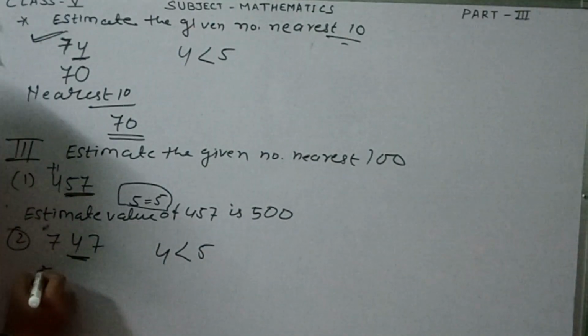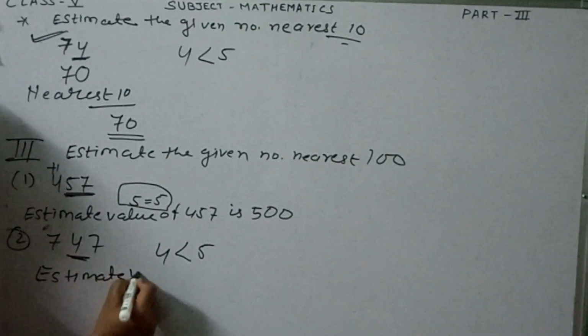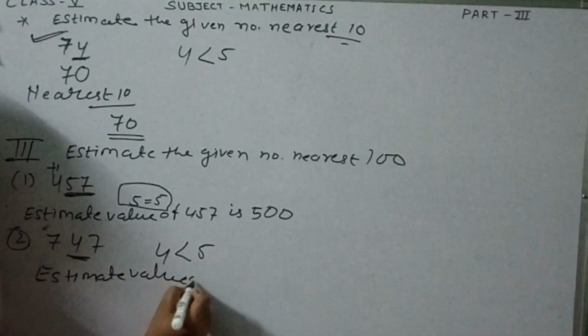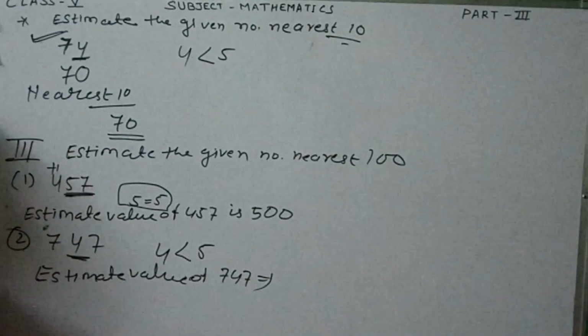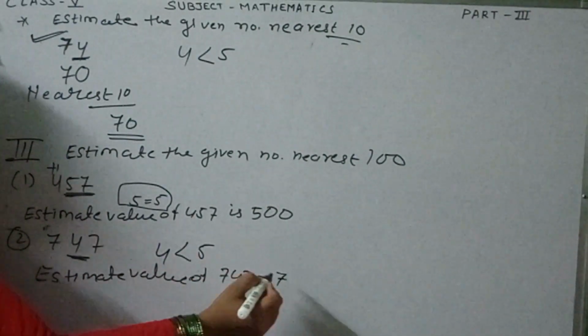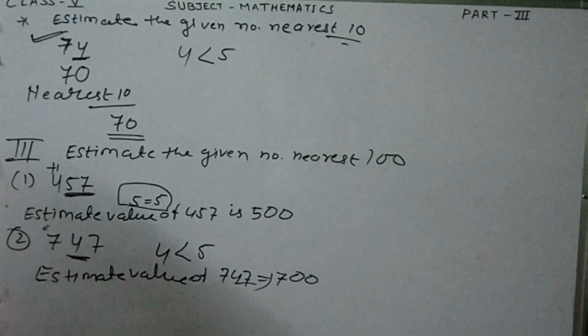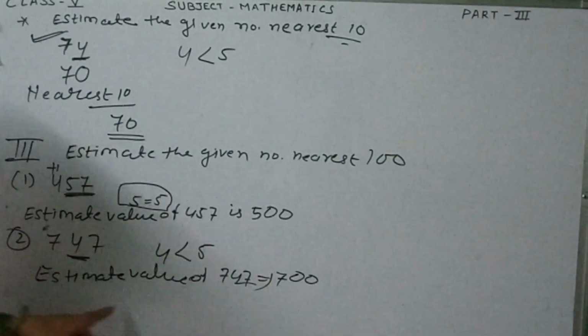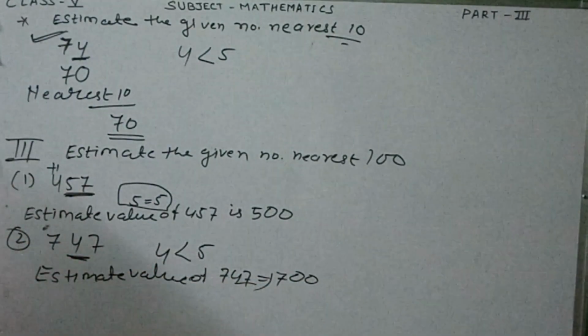The hundreds digit 7 stays the same, and the last two digits become 0 0. That means the estimate value of 747 is 700. Okay.